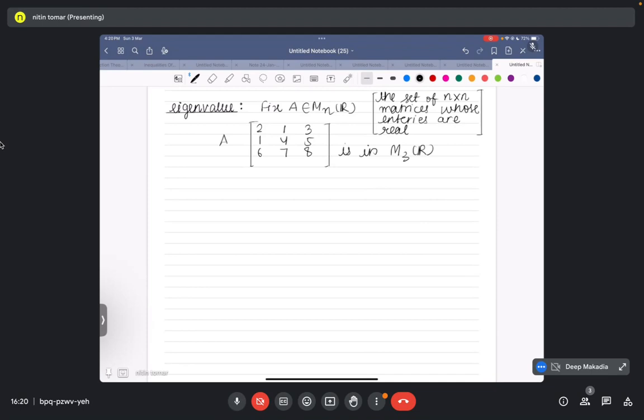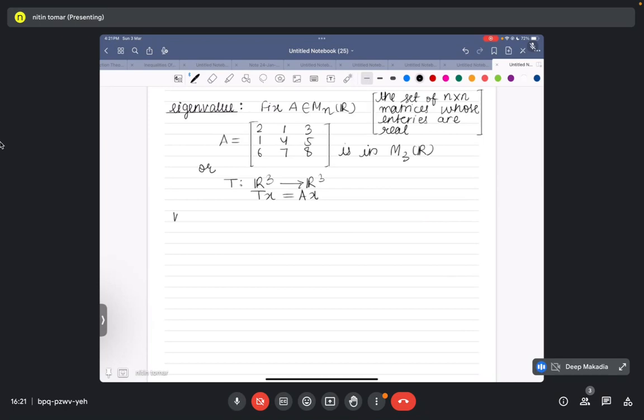What you are saying is, when you convert it into a map, then it is a map from R3 to R3. You can always construct a linear transformation out of a matrix, Tx equal to Ax. A matrix can be thought of as a linear transformation also, but that is a different thing.